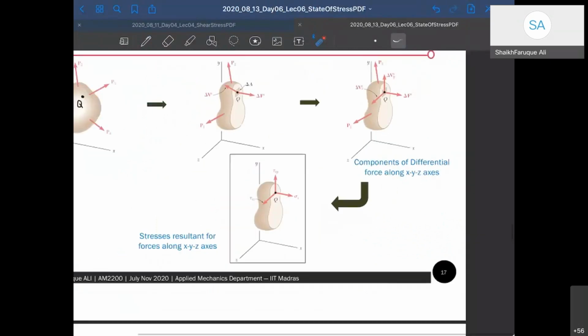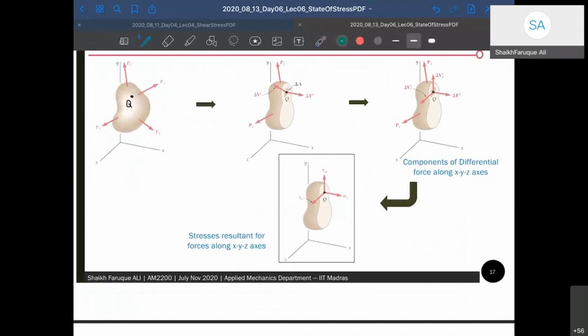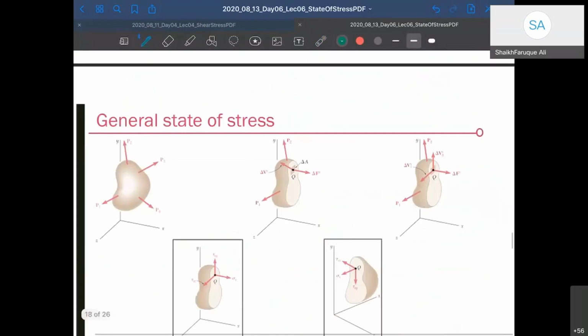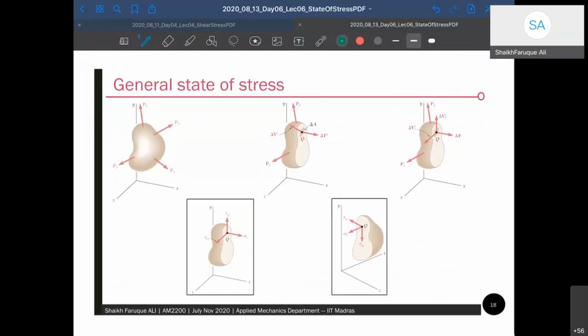So I have three stresses here. One is sigma x, tau xy, and tau xz, right? These are the three stresses here. But that's not all. Wait, don't run away. Now this same point can be represented from the left half as well as from the right half.